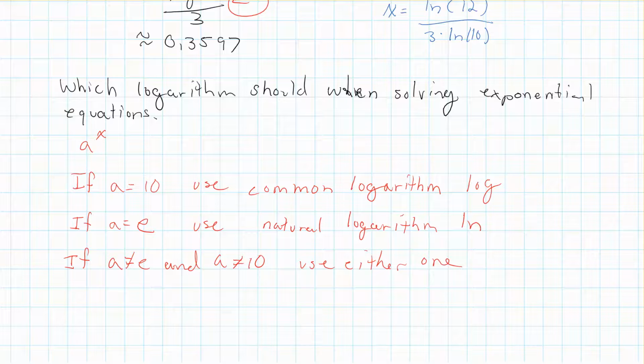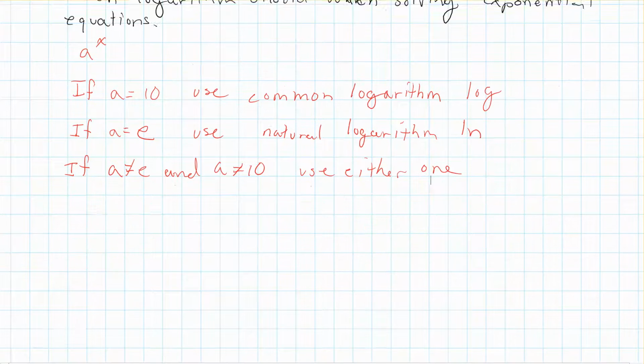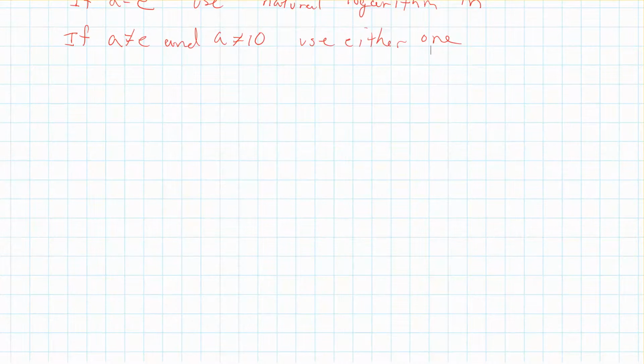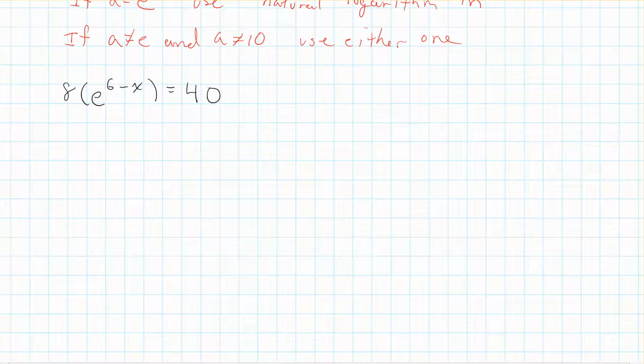Alright, so let's go back and look at one or two more examples here. Let's look at this one here. So we have 8 times e to the 6 minus x power is equal to 40.